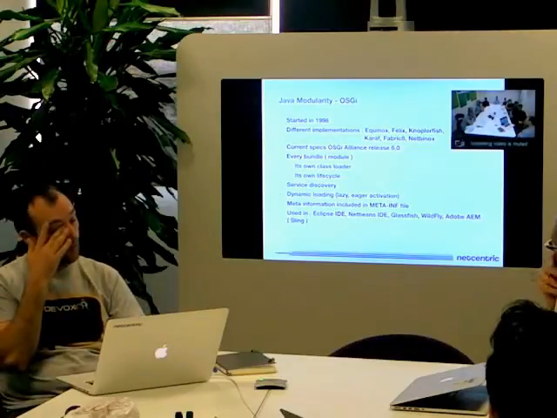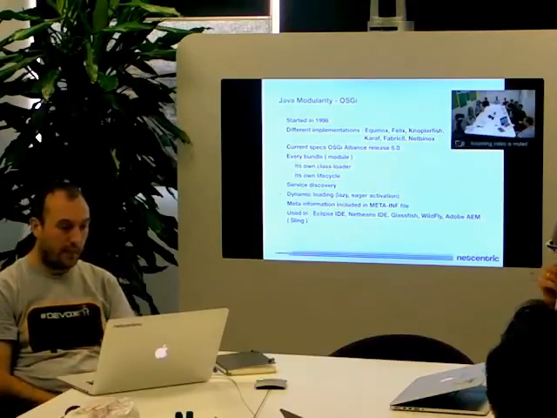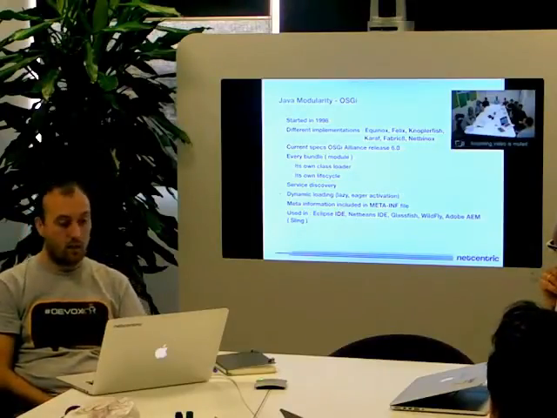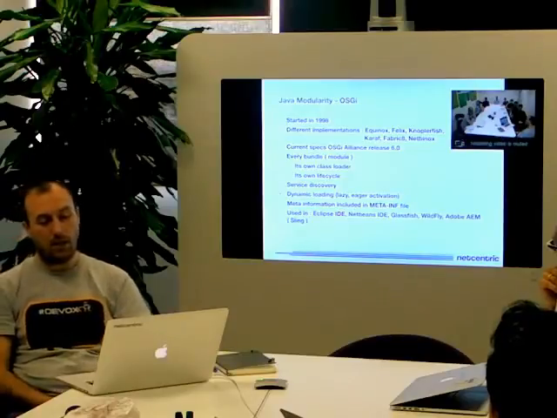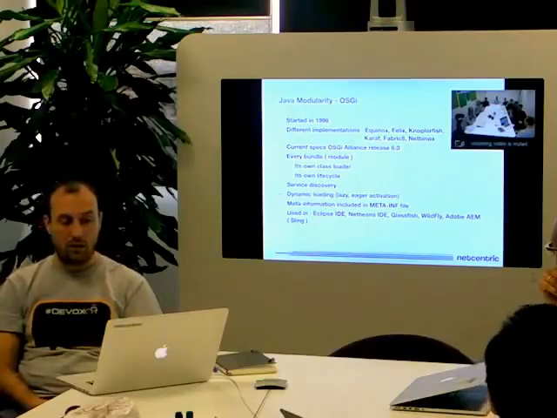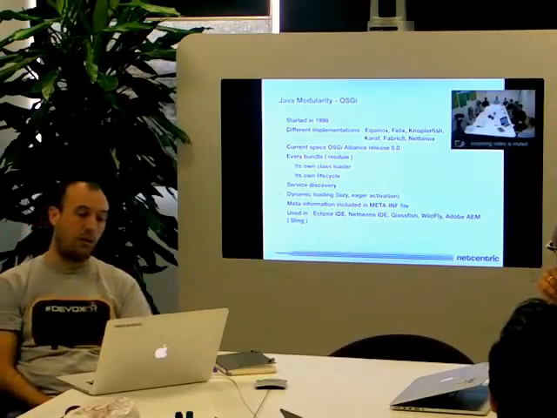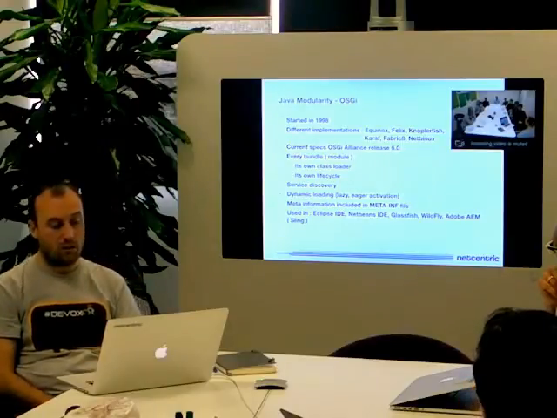And then we have different layers created over mainly Equinox or Felix, such as Apache Karaf, which is an evolution, a container. It comes by default with Felix, but you can change it if you want to use Equinox.